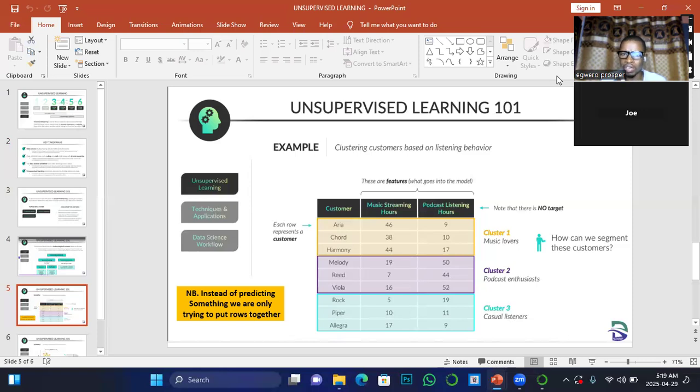Now, if you check the two last columns, which I highlighted, these are features, what goes into the model. The first one is giving us analysis of people who like streaming, as it's been titled there, music streaming hours. The second one is podcast listening hours.